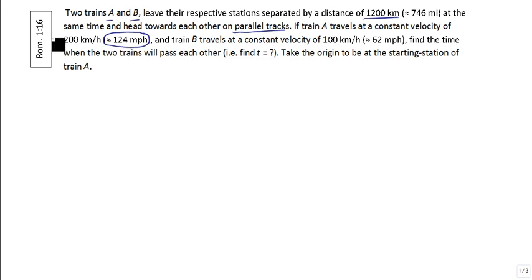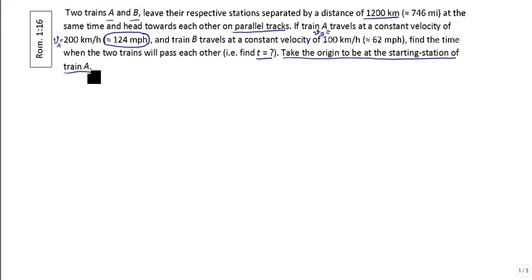Let me label this as the speed or the velocity of train A. And then train B travels at a constant velocity of 100 kilometers per hour. And we want to find the time when these two trains are going to pass each other on the tracks. We're also told to take the origin at the starting station of train A.